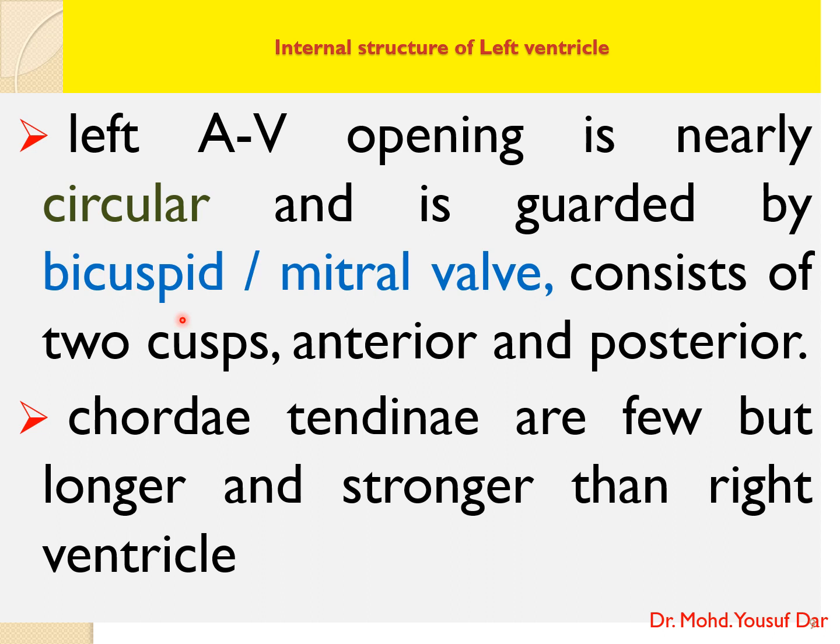So the openings of the left ventricle: one opening is the left atrioventricular opening, which is nearly circular and is guarded by the valve known as bicuspid valve or mitral valve. This valve consists of 2 cusps, one anterior and one posterior. Here the chordae tendineae in the left ventricle are few in number but they are longer and stronger as compared to the right ventricle.